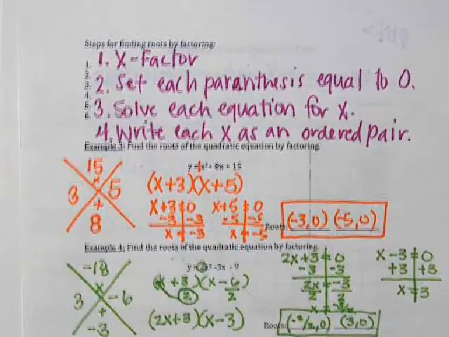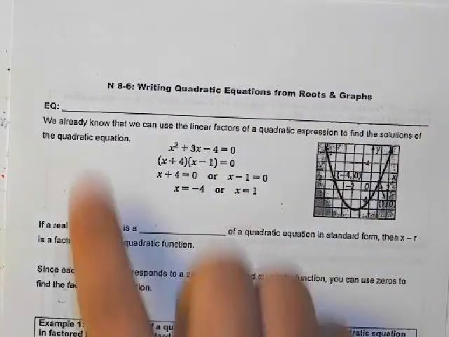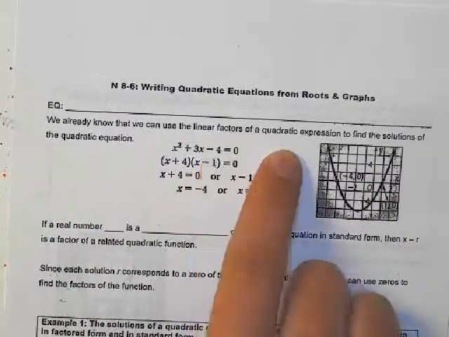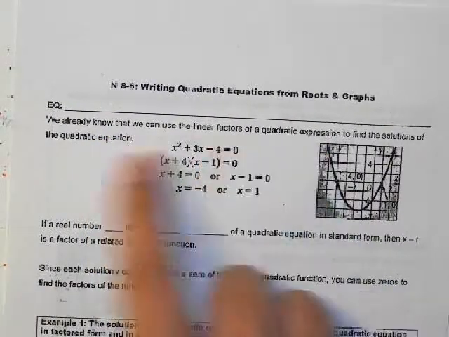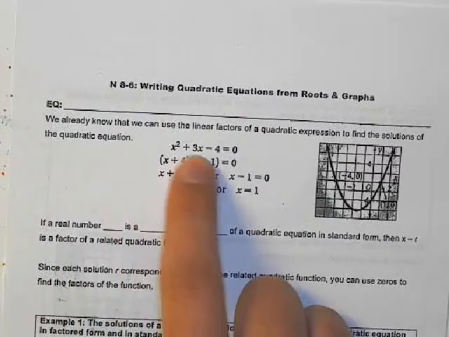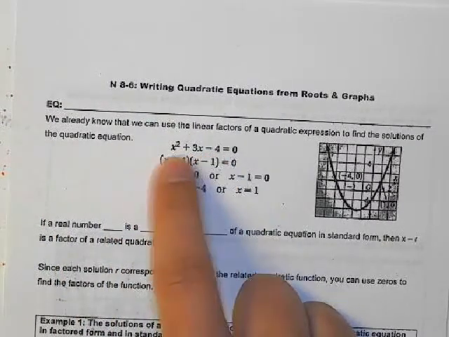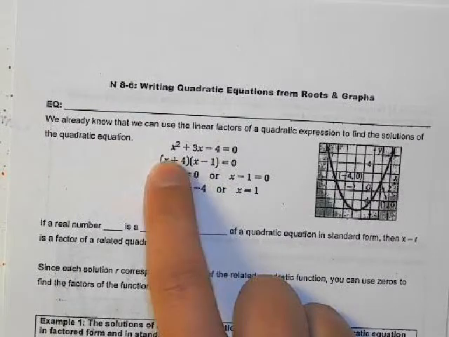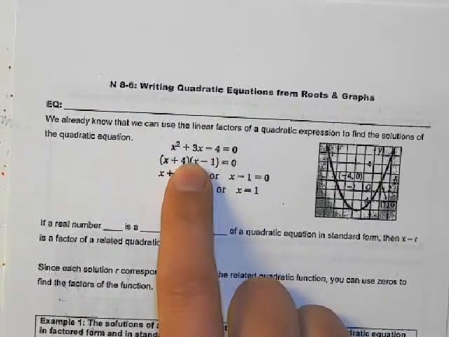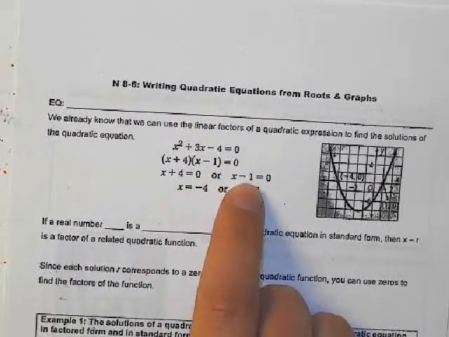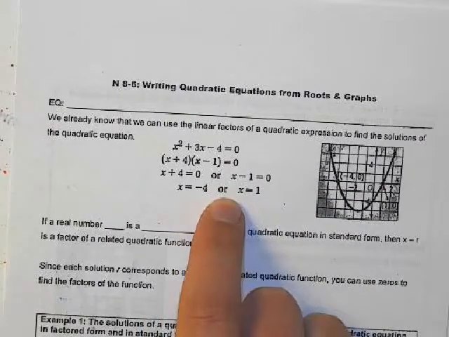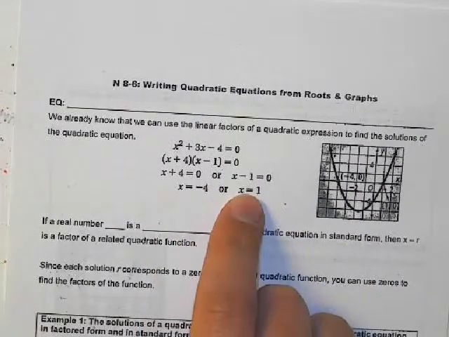Okay, so it says we already know that we can use the linear factors of a quadratic expression to find the solutions of a quadratic equation. So again, it gives you the equation. You would factor, x factor, to get the two sets of parentheses. And then we set each parentheses equal to 0 and solve. And get x by itself, right?